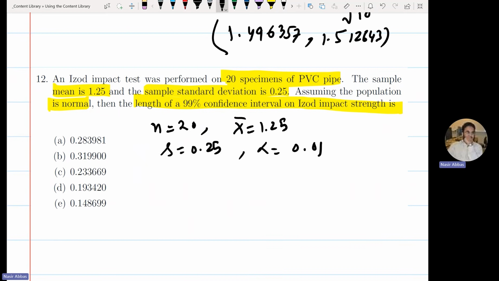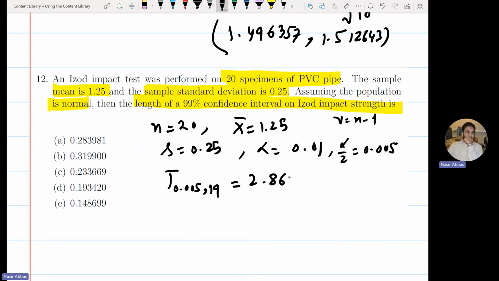So you will go to the t table, alpha by 2 will be 0.005. Look for 0.005 against what degree of freedom? V will be 20 minus 1, which is 19, and that value will be 2.861.